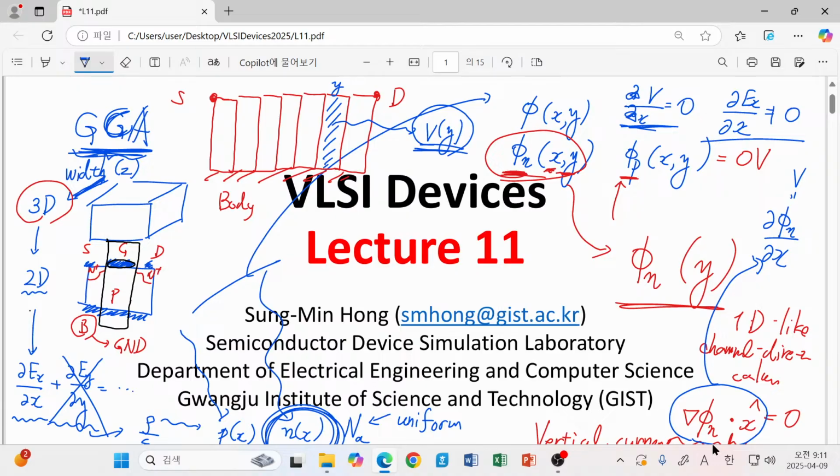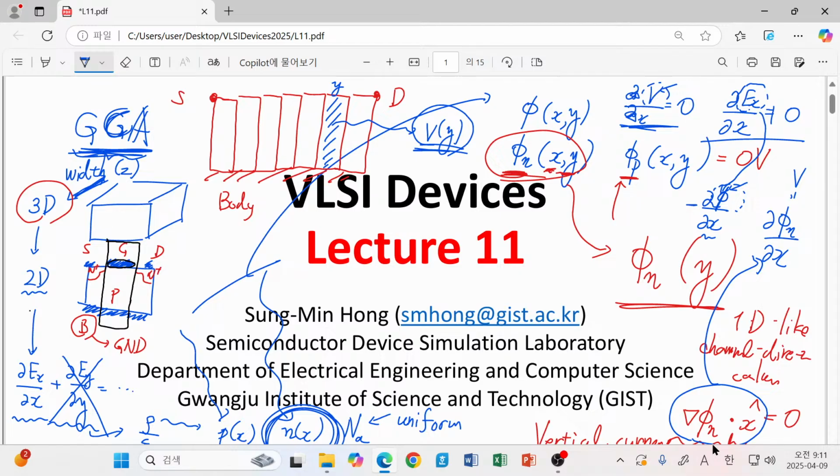So this ex is obtained as minus x directional derivative of electrostatic potential. This is electrostatic potential, and this is an electron quasi-Fermi potential. So although we take first order or second order derivative with respect to the x directional position, the starting functions are different.